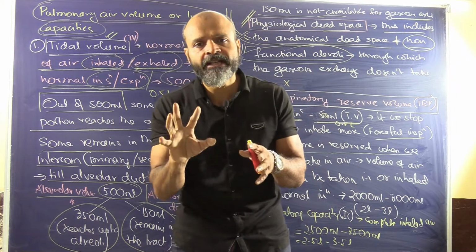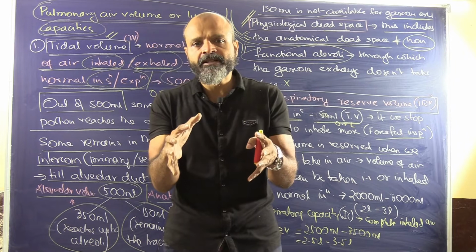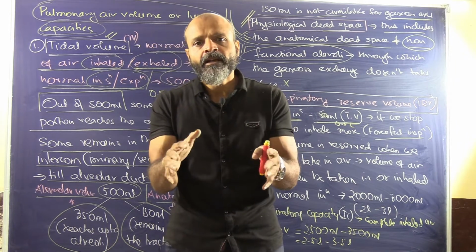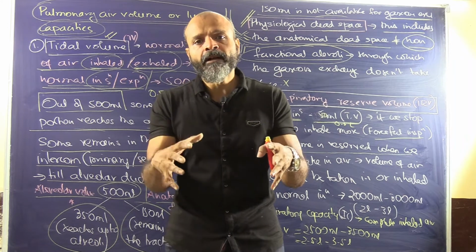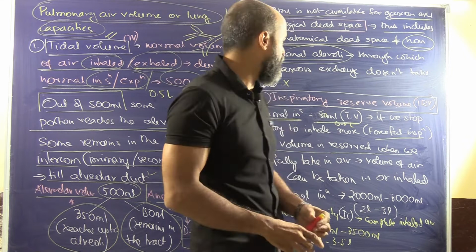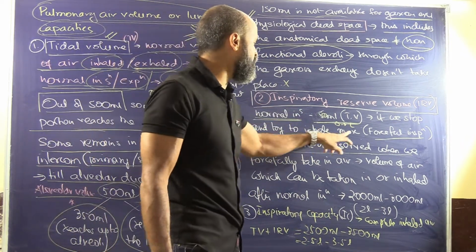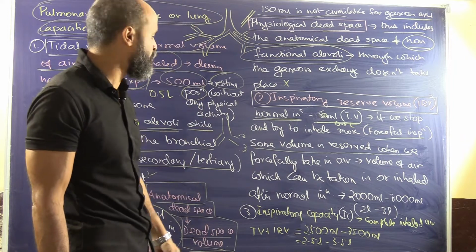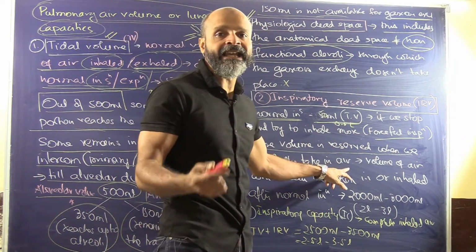When we push air into a balloon, it expands, and after its normal limit it will expand more to adjust that extra amount of air. So inspiratory reserve volume is, if we stop and try to inhale more, which is forceful inspiration, the volume that is reserved when we forcefully take in air.